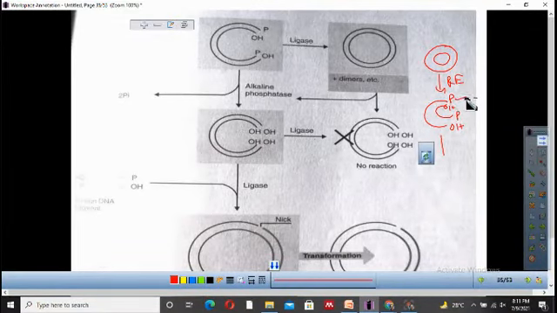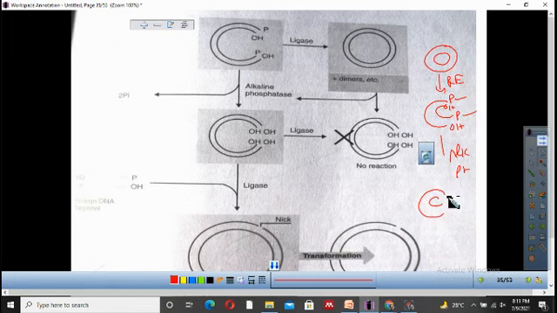If you remove the phosphate from these sites using alkaline phosphatase, then both ends will have OH, OH, OH, OH. Now it cannot form the phosphodiester bond. It will prevent the ligation. There will be no ligation at all, no reactions.